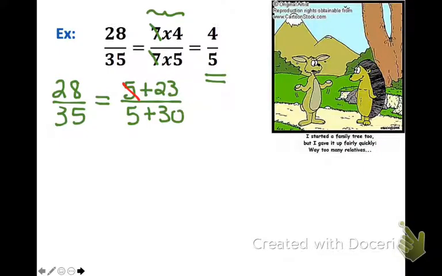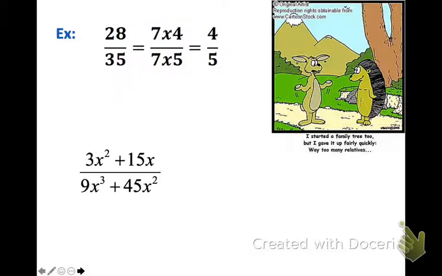If I cancel out my 5s, I get 23 over 30. That is not the same thing as 4/5. So when we look at our expressions, sometimes students think, oh, I can cancel out this x and maybe one of these x's, and that is illegal. You can't do that. We have to factor it.